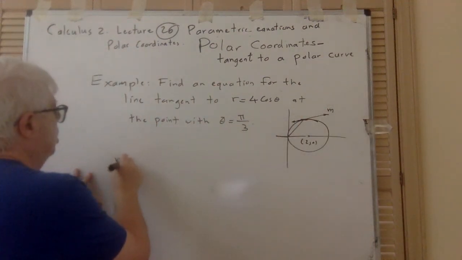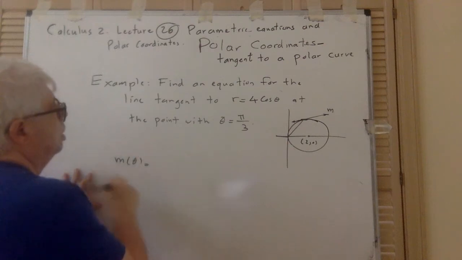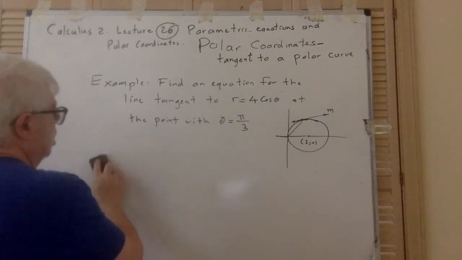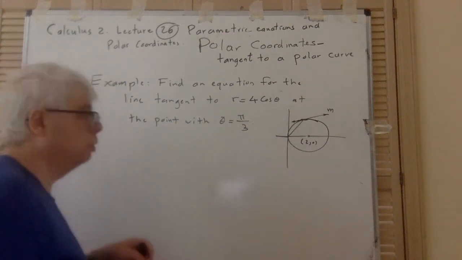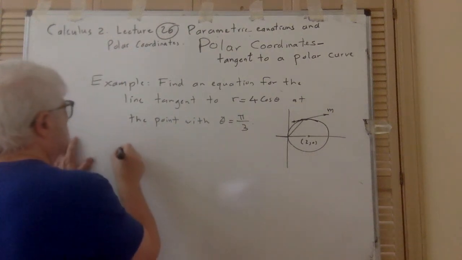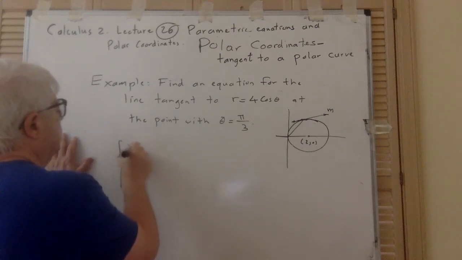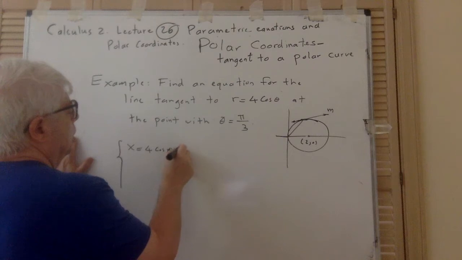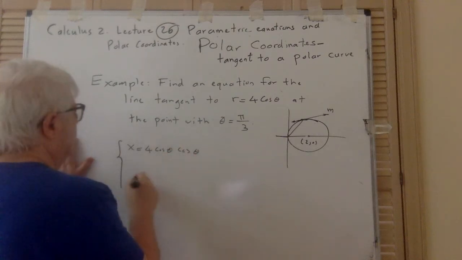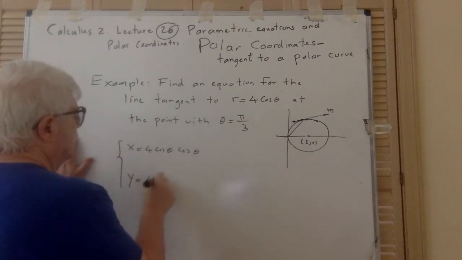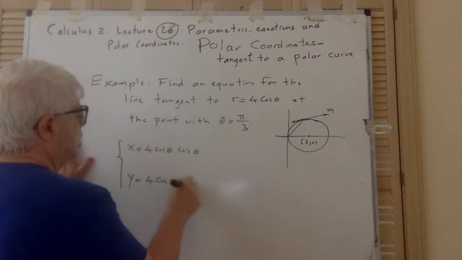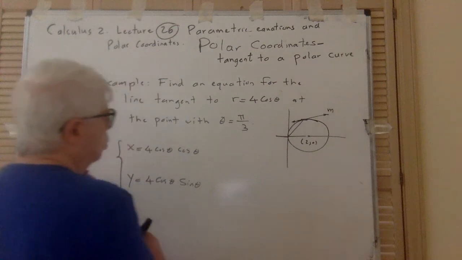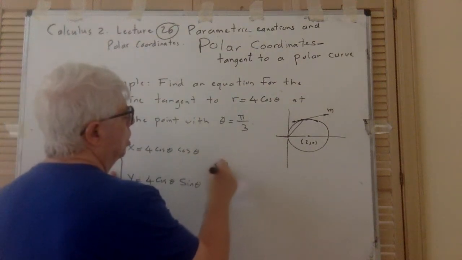So m theta is, first of all, let's write the equation in parametric form. I have x is 4 cosine squared theta, and y is 4 cosine theta sine theta, and theta goes from 0 to pi.